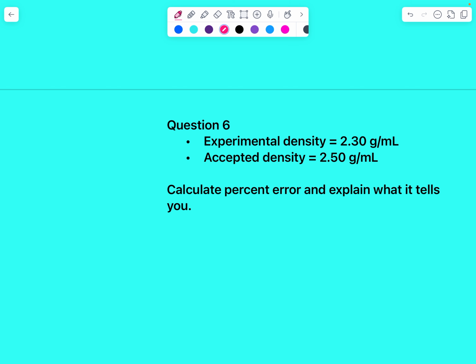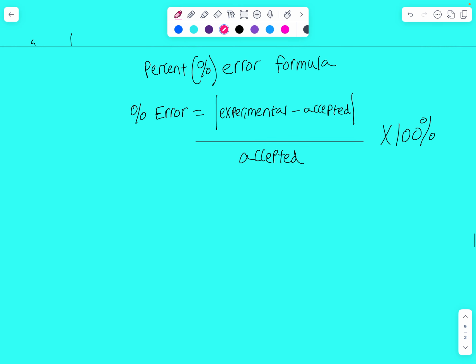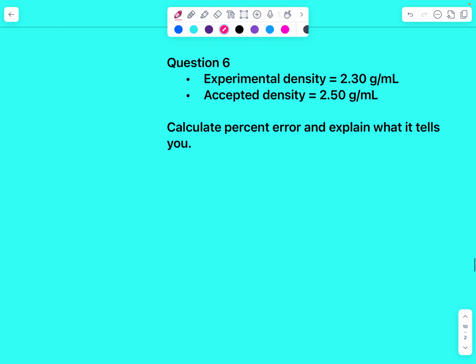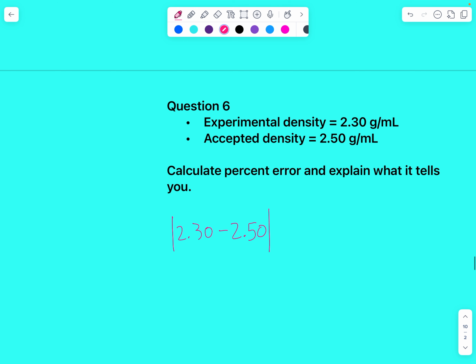So let's look back at our formula, right? Experimental minus accepted first. So you got 2.30 minus 2.50. It's, in all actuality, negative 0.20.